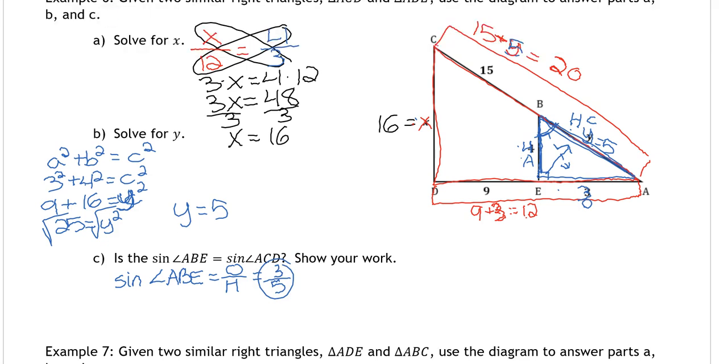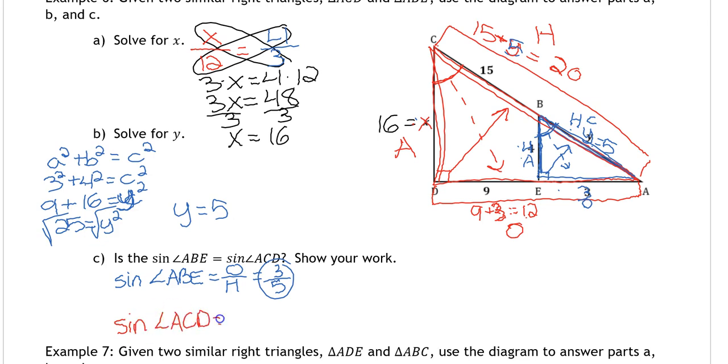Then sine of angle ACD, if I go from A to C to D, that's this angle here. Again, I'm going to have my hypotenuse, my opposite side, and my adjacent side. So the sine of angle ACD equals opposite over hypotenuse.